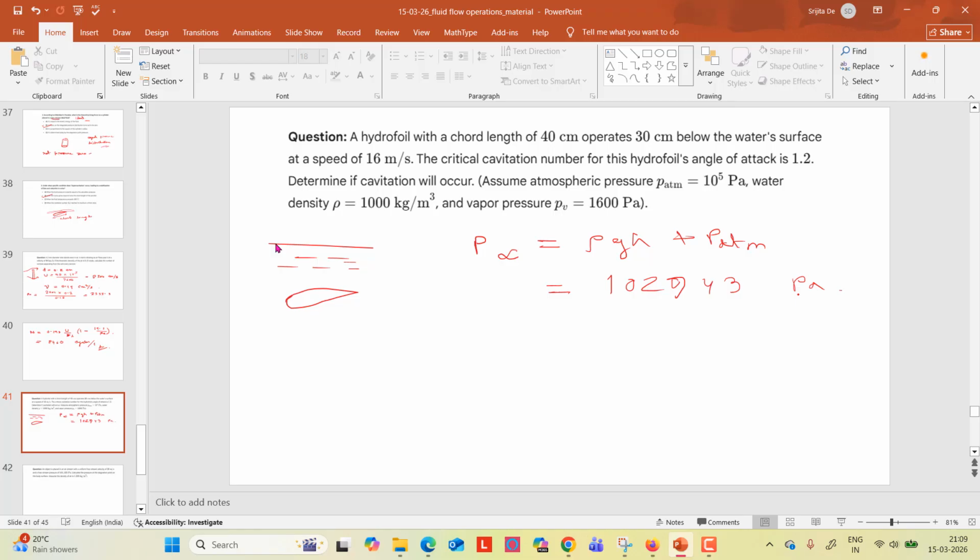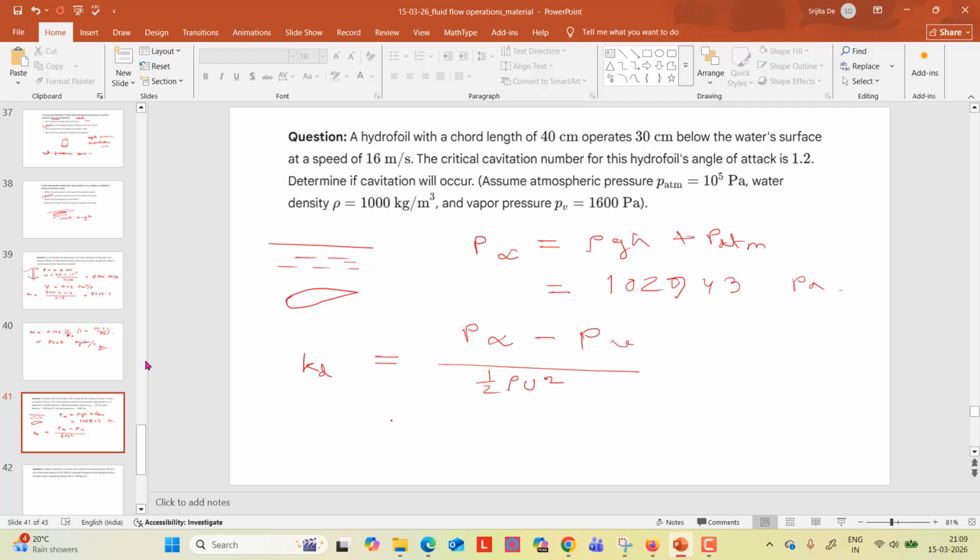To calculate the cavitation number, we have to take the upstream pressure minus the vapor pressure, divided by half rho U square, the dynamic pressure.